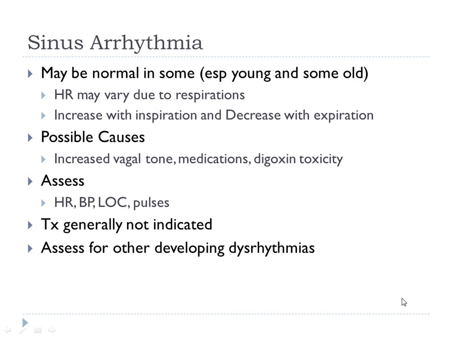Patients that may not have good vagal tone, like quadriplegics, have terrible vagal tone. Sitting them up, they might pass out. And then medications may cause an irregular heart rate. I think digoxin is one that can cause a low heart rate, but also arrhythmias too.